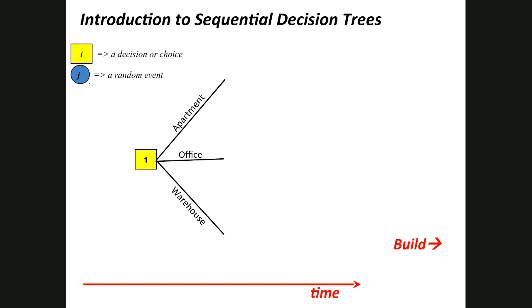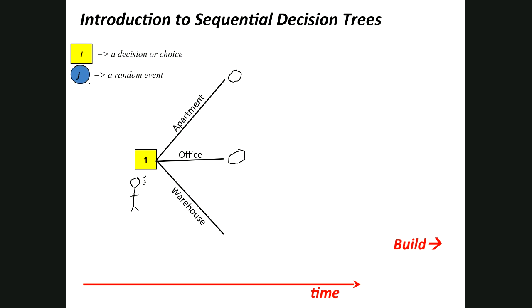So you almost want to consider that you're a person here, and forgive my stick figure, standing at point 1, trying to decide which one of these options to choose. Once you make this decision, the next thing that occurs is a random event. We're going to place those random events at the end of each one of these branches.